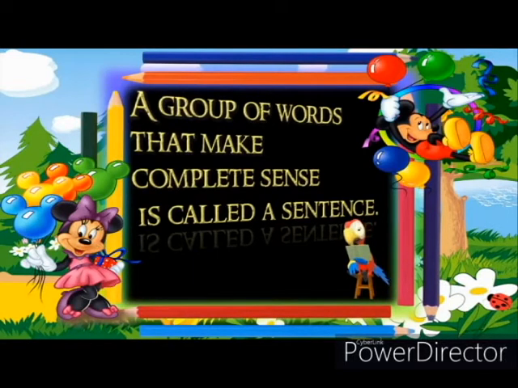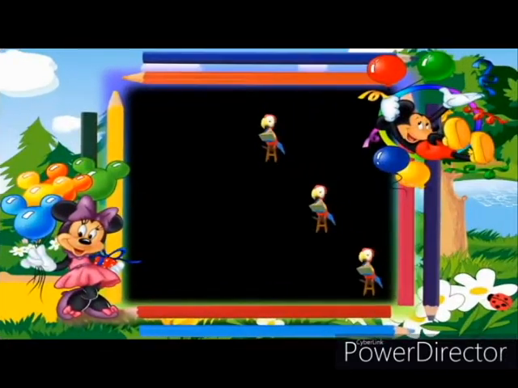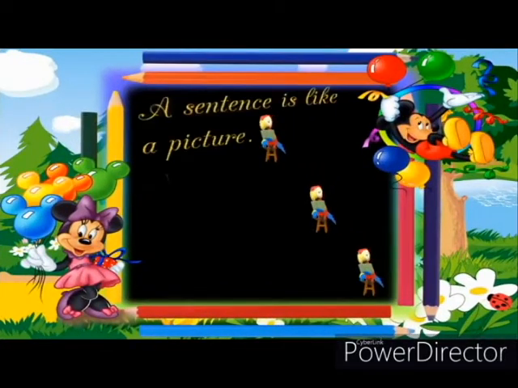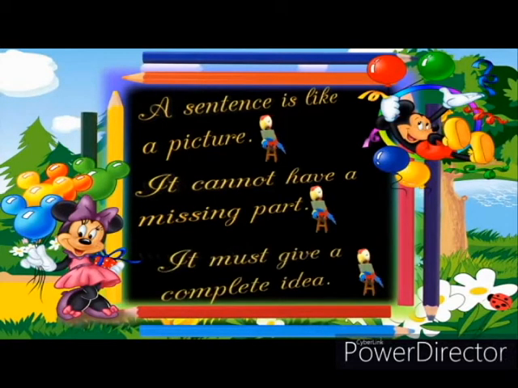While making a sentence, we should remember three things. The first point is that a sentence is like a picture. The second point is that it cannot have a missing part. The third point is that it must give a complete idea. Let's see an example.